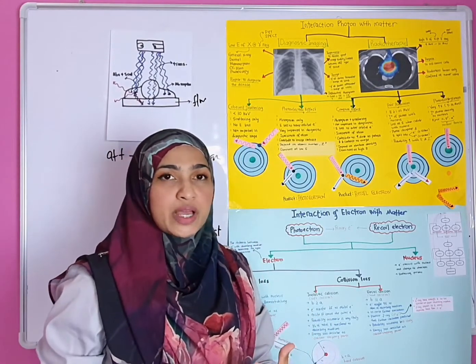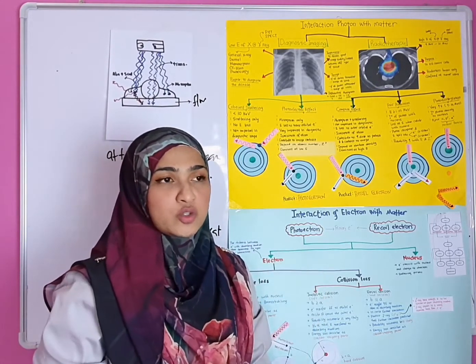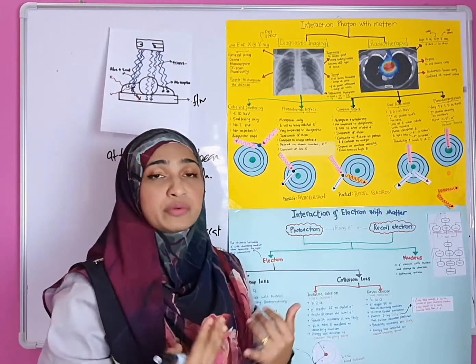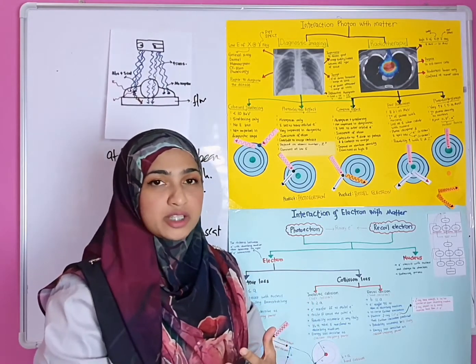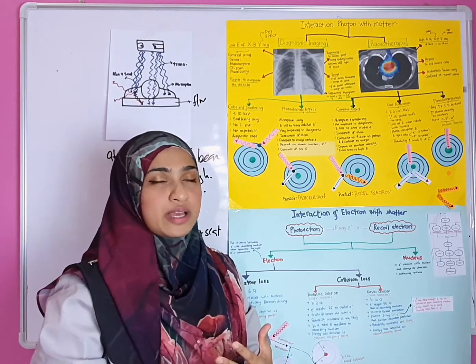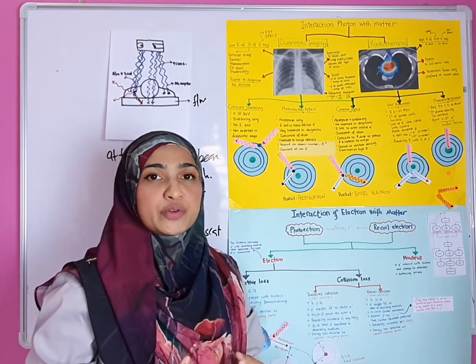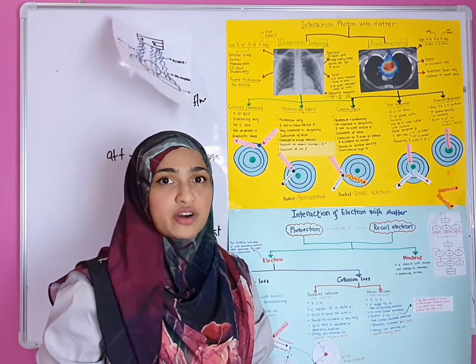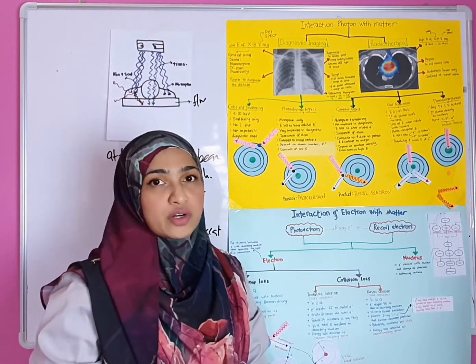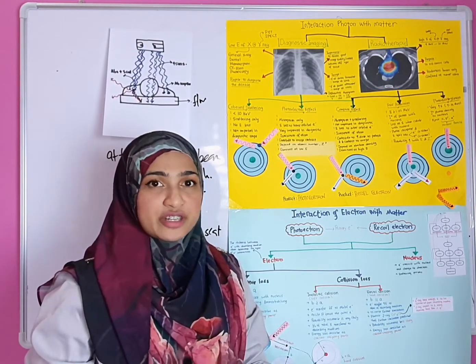When we give any radiation to the patient, what we want as the outcome from that application is to produce a high quality radiograph image with good contrast between the different tissues.